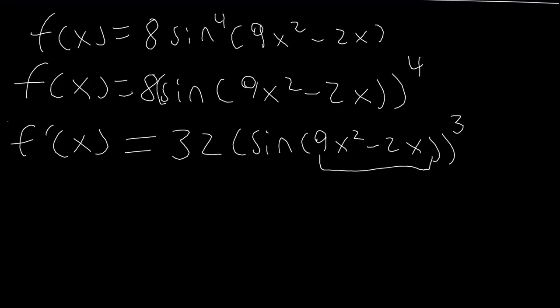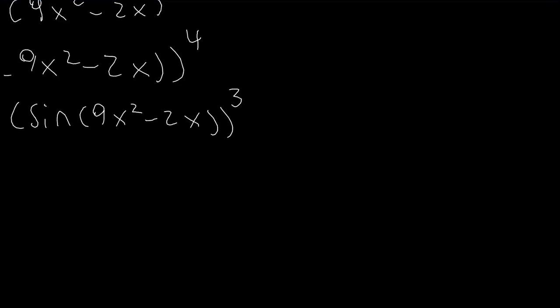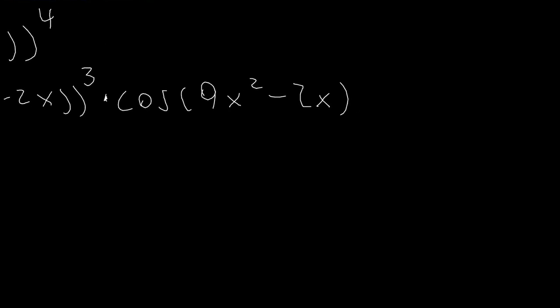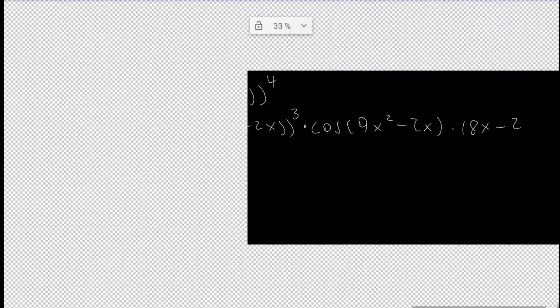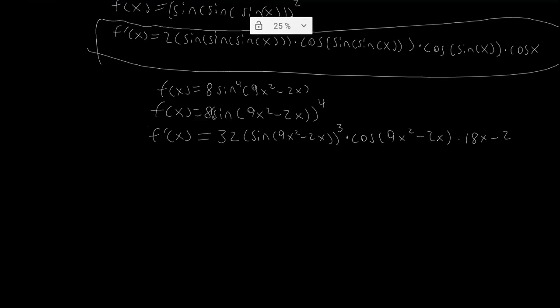So this is our innermost, and this is the outer. So that's the derivative of sine, which is just cosine. So it's multiplied by cosine of, keep the inside the same, 9x squared minus 2x. And now multiply by the derivative of the inside. So multiply by 18x minus 2. And that's our answer.